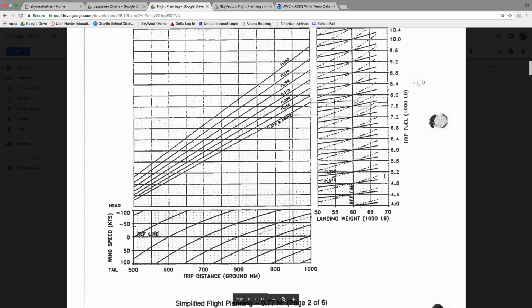We came over to our trip distance of 632 nautical miles. We go straight up from 632 nautical miles to the reference line. From the reference line, depending on our headwind or tailwind, we follow the contour of the line up to our headwind of 6 knots. From there, we take that up to our next box here.